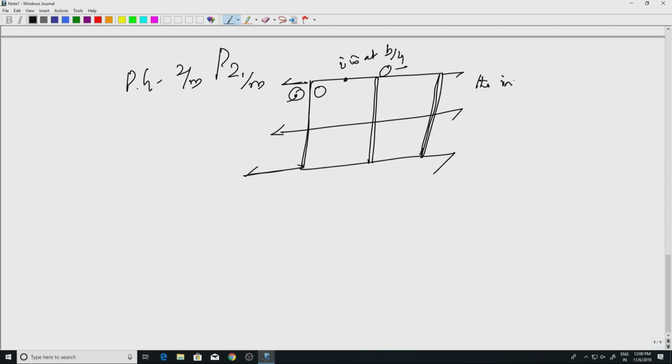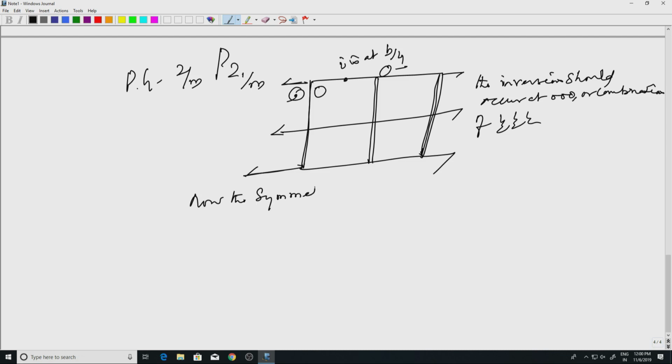The inversion should occur at 0, 0, 0 or a combination of half. Now the symmetry operation should be suitably adjusted.